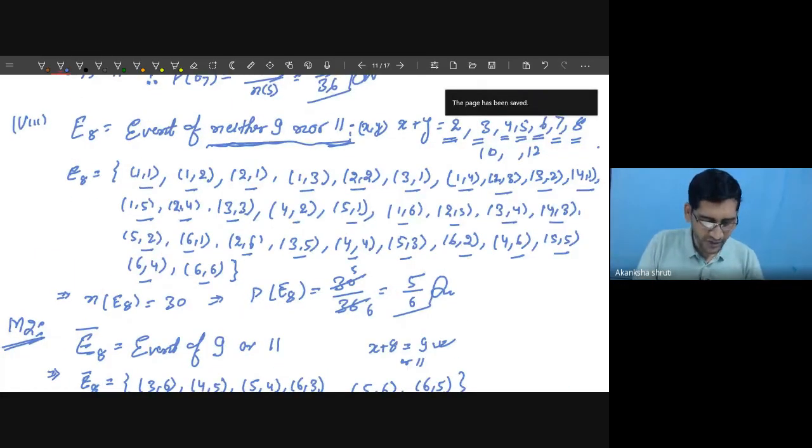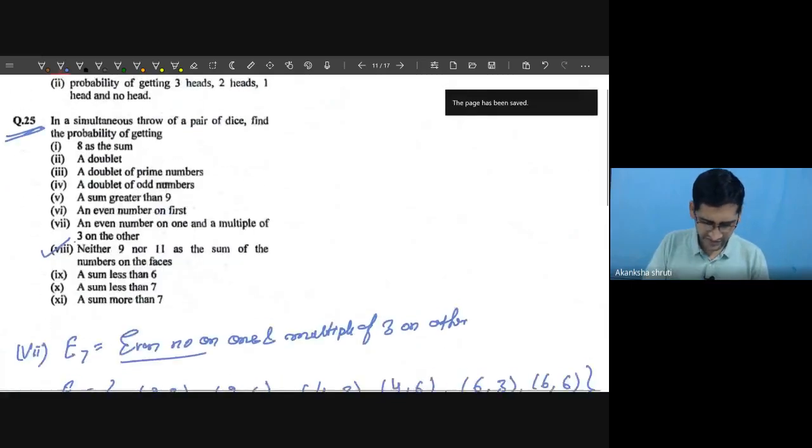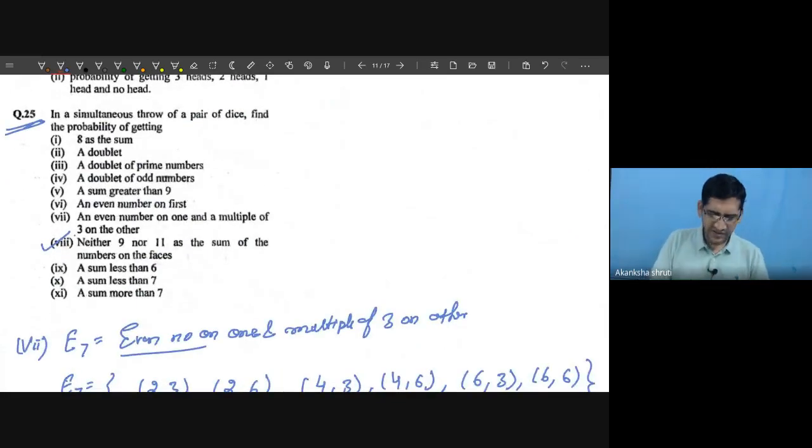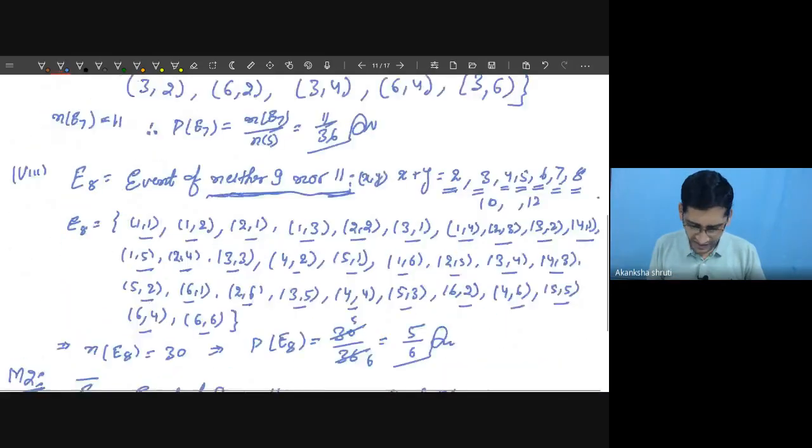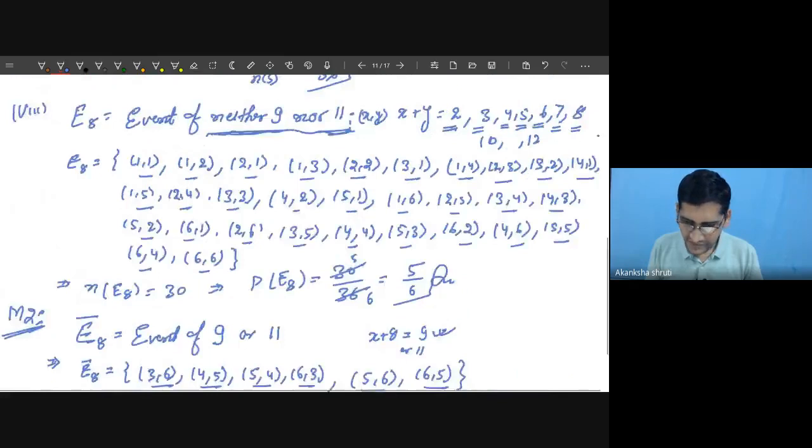So this was all about part number 8. Now let me go for part number 9. I'm writing here: sum less than 6. Student, even in 8 we were taking this thing.